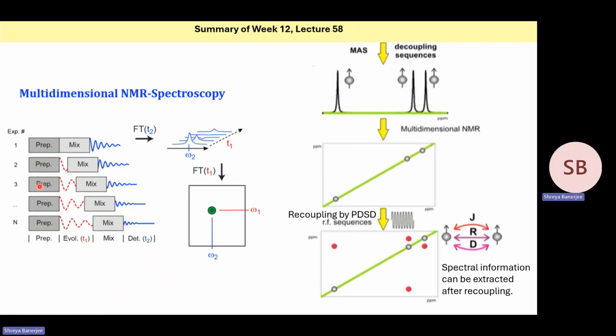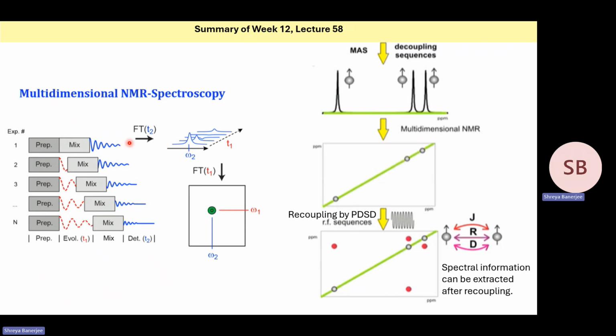Right. So 2D experiments, we already know they have a preparation time and a mixing time, which is separated by an evolution time that we are varying. So there are two time axes. One is the evolution time t1, and then is the detection time or the FID that is collected, that is t2.